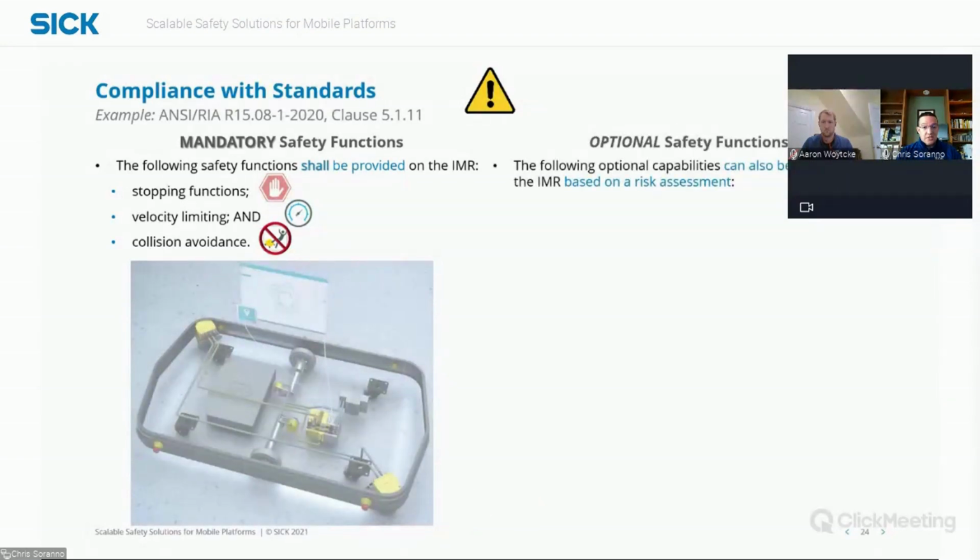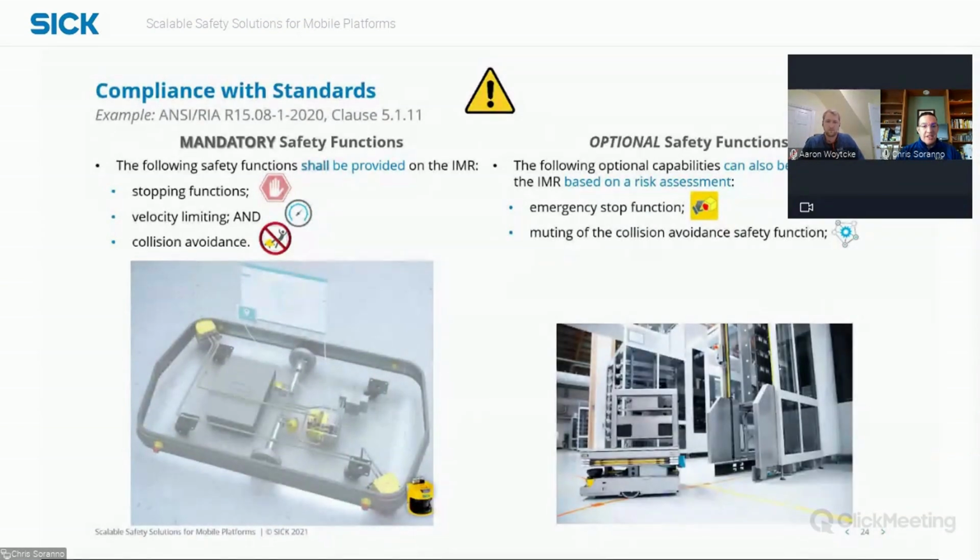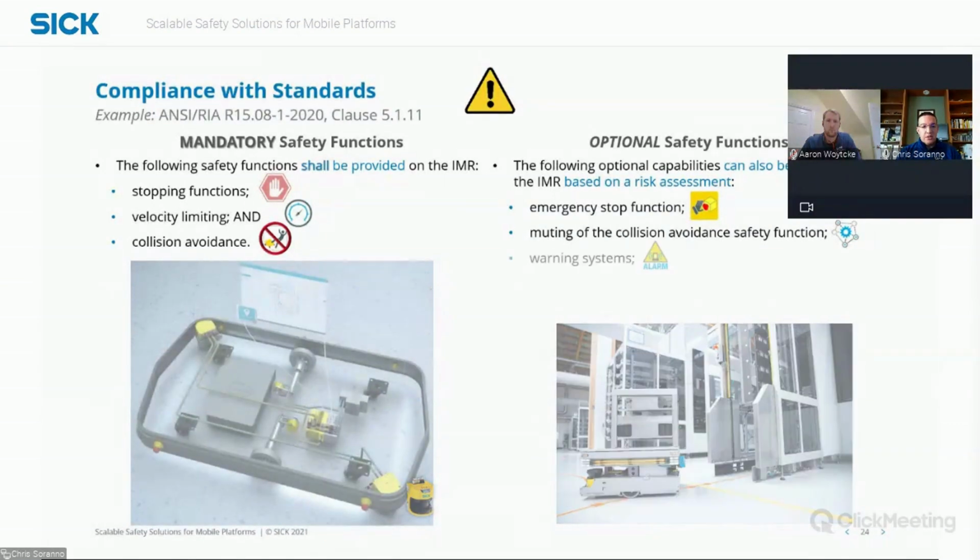This standard also says there's optional safety functions. Emergency stop, it's optional according to the standard. In our risk assessment, in our example, we said we were going to apply them. Muting is another safety function that could be potentially applied, especially when you have mobile platforms going into docks or workstations where they need to interact with fixed structures. And for a temporary limited amount of time, you want to disable the sensing function, but other safety functions are applicable.